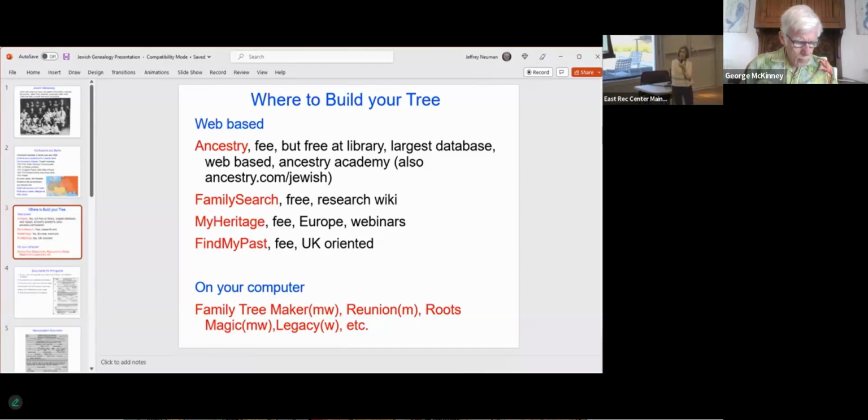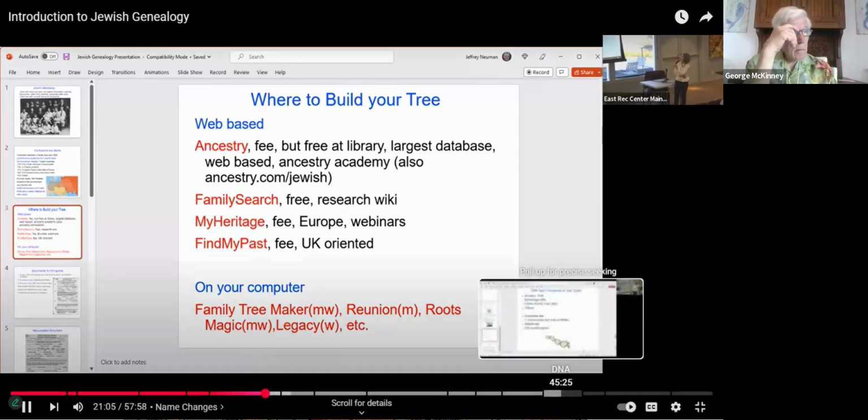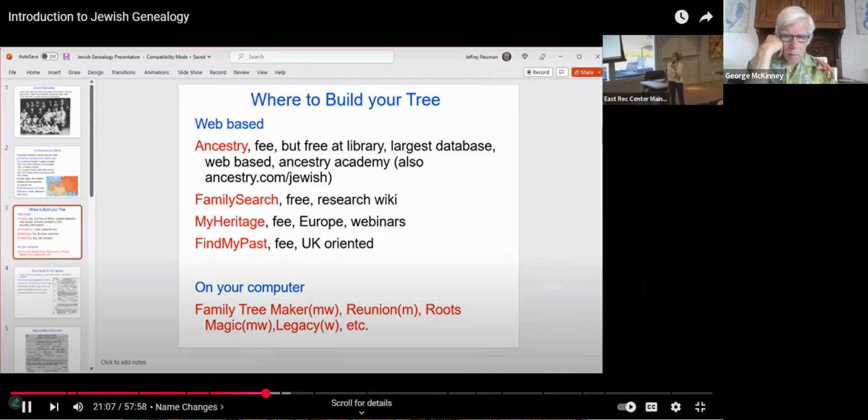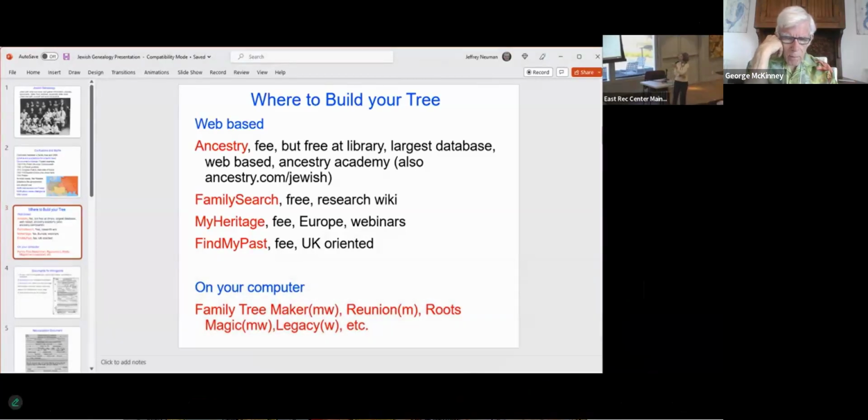Eventually, one of my relatives said, well, what if something happens to Ancestry and you lose everything? So I got nervous and I went and purchased Family Tree Maker, because the difference is that with Family Tree Maker, Reunion, Roots Magic, and Legacy, which I have down on the bottom of that slide, the information is located on your computer, not up in the web, in the internet somewhere.